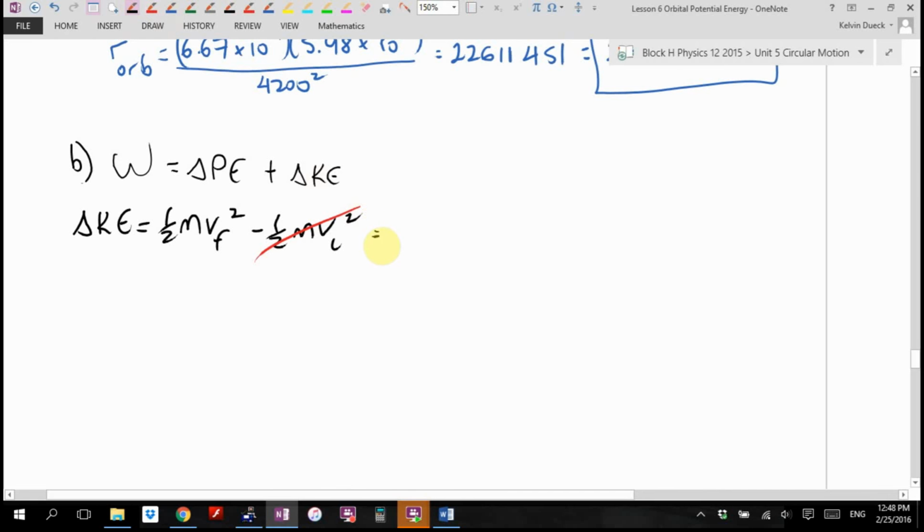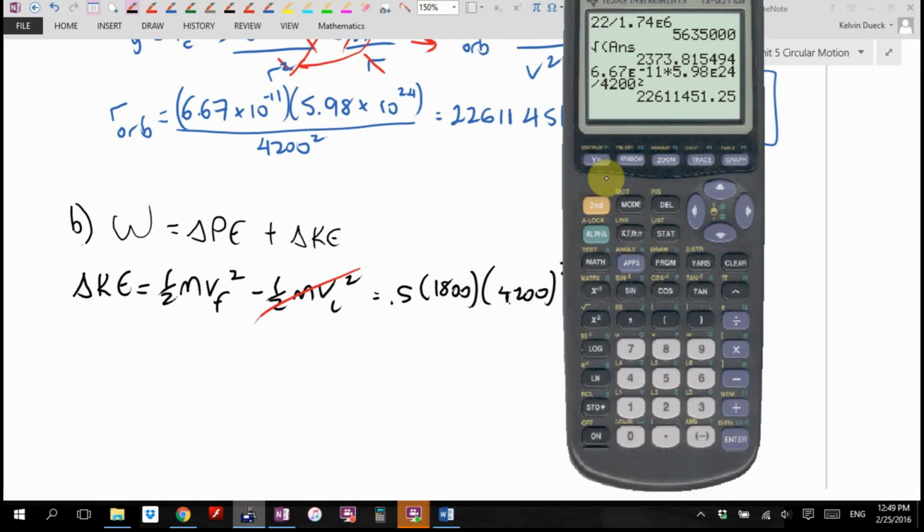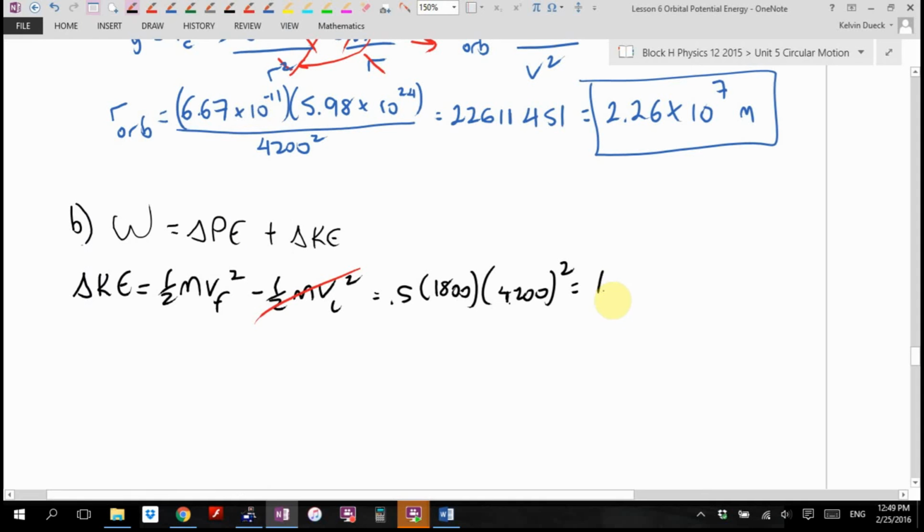Good question. I know I can count on you for those. Little m, 1800, 4200 squared, oh, 10 to the 10th, which is what I said often is, 10 to the 9th, 10 to the 10th. 1.5876 times 10 to the 10th joules.